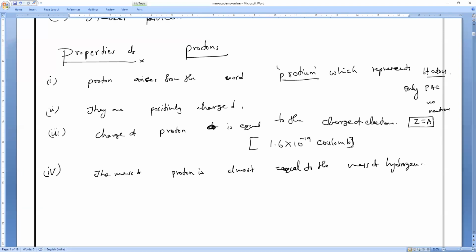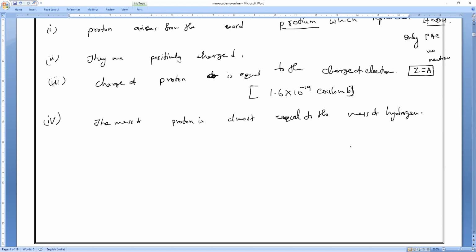Because hydrogen has only how many protons? Only one proton. That's all. Clear, everybody? Hydrogen has only one proton, so that's why the mass is equal to the proton's. Do you understand? So any doubt you can ask.